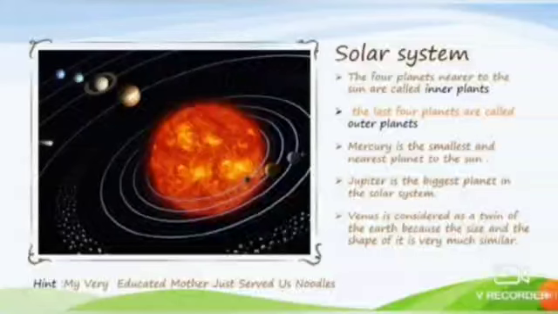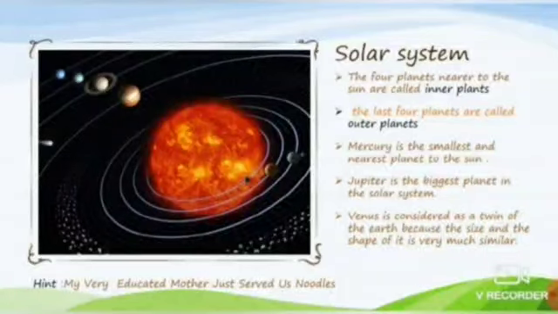Now, just. What is the first letter of just? Yes, it is J. J means Jupiter. Served. What is the first letter of served? It is S. S means Saturn. Us.